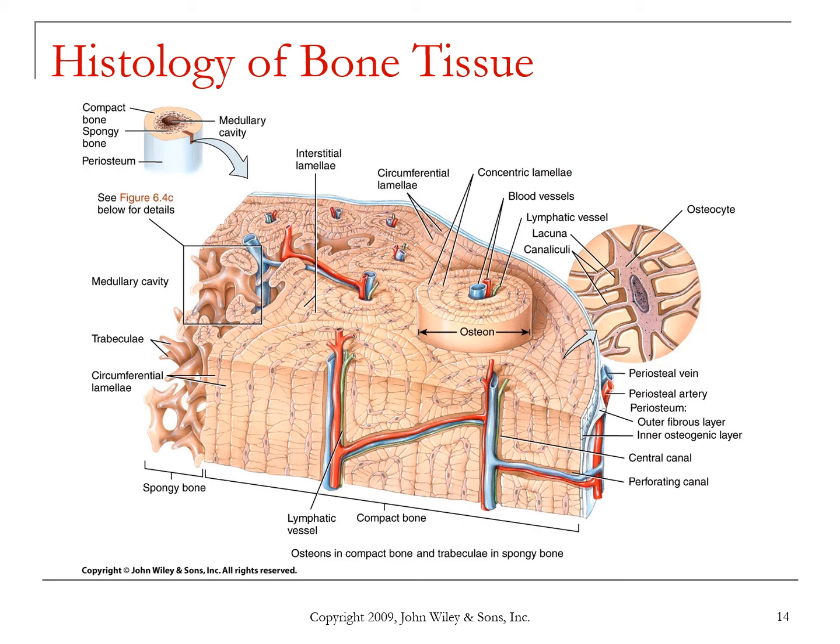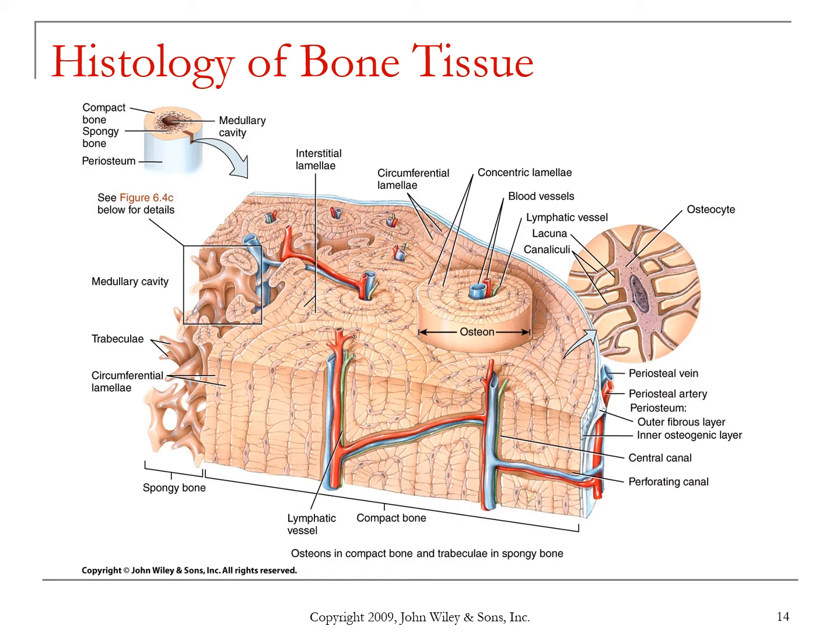And note that the blood vessels in the central canals reach each osteon via horizontally aligned canals called perforating canals. And these blood vessels originate outside of the bone through the periosteum.